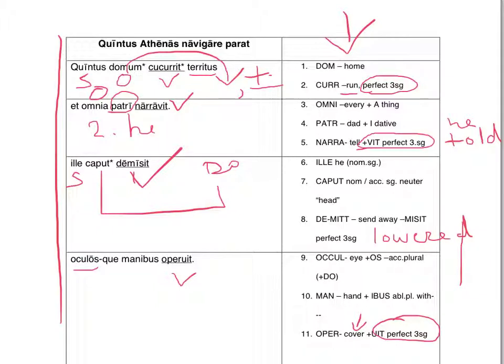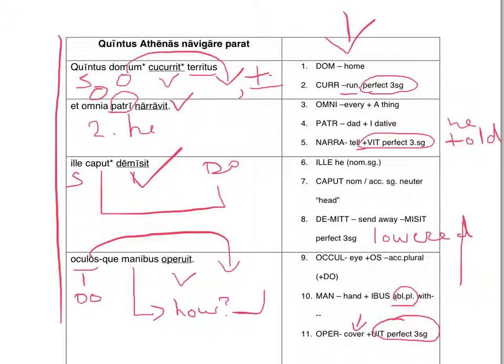What he covered is the direct object, oculos, and how, this is an ablative, as I say here, ablative plural, answers the question how he covered, that is with his hands. Covered his face, covered his eyes, oculos, with his hands. So in English word order you'd have to say this would have to come after the verb, and then how would have to come after that in translation.